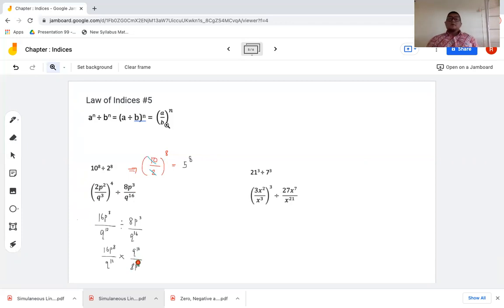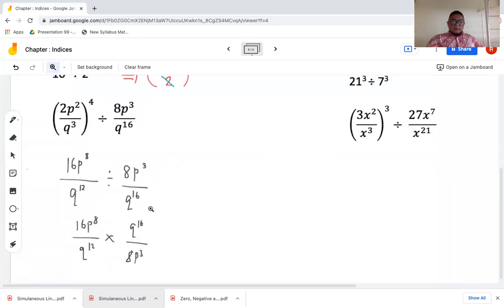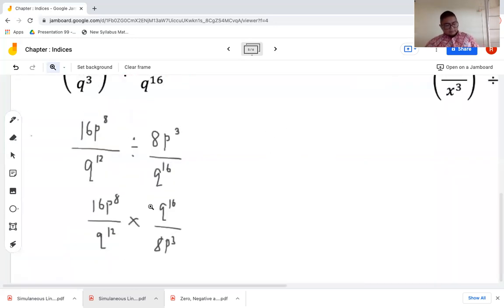Right? So from here, you can see that you can cancel out the 8 and the 16. And from here, you can just subtract these values, giving you p raised to 5, okay, and q raised to 4.